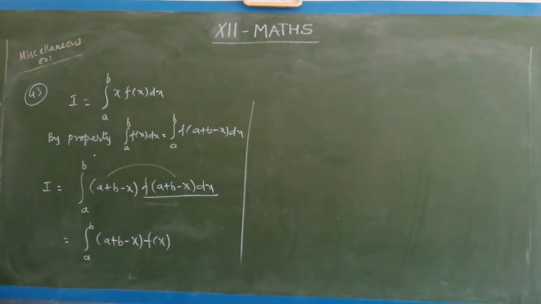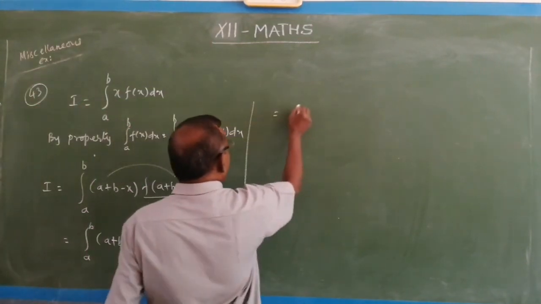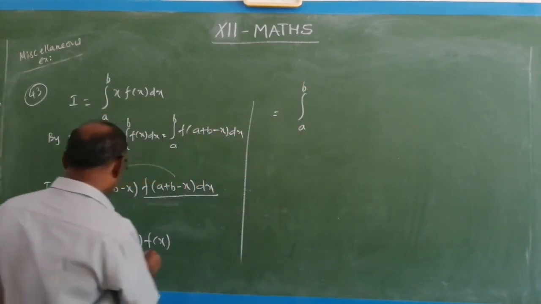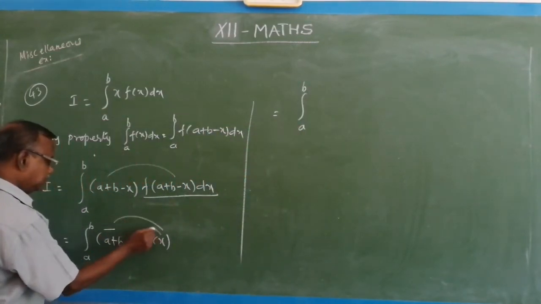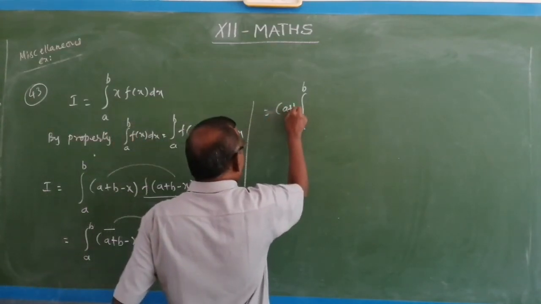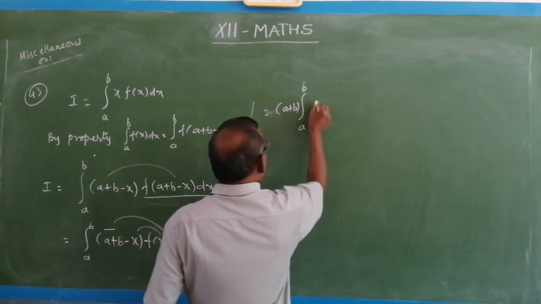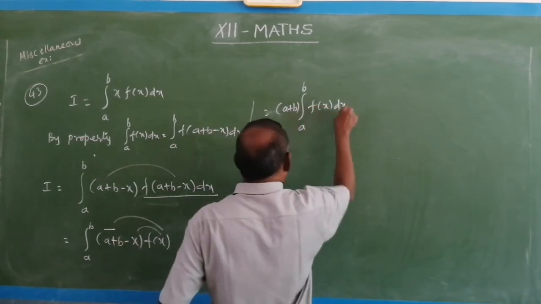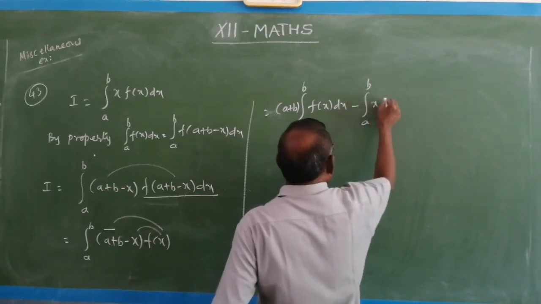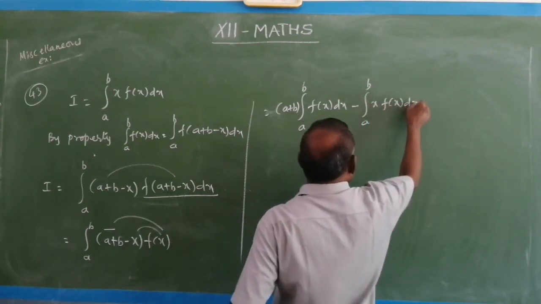Multiply this, so this is equal to integral a to b, giving these two, a plus b into f of x into dx, minus integral a to b x into f of x into dx.